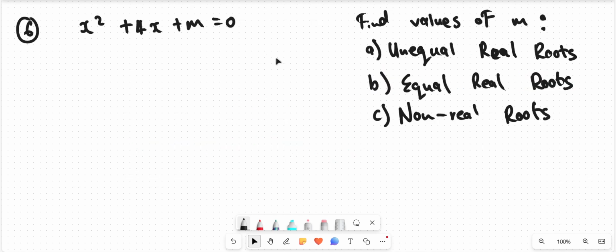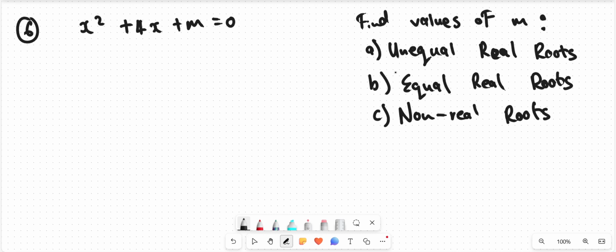All right, for this next part, the question reads, find the values of m for which the roots are going to be: question A, unequal real roots; question B, equal real roots; and question C, non-real roots.